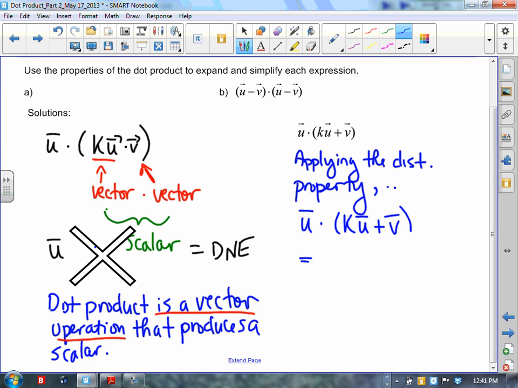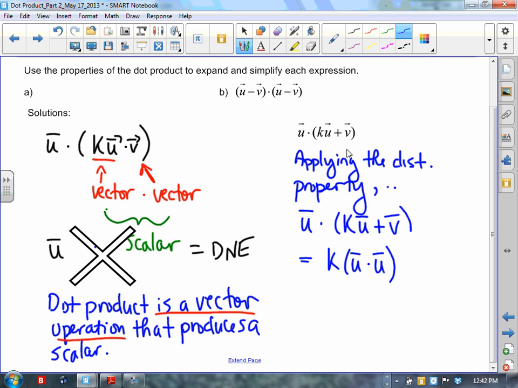So for instance, in this first one, what we can do is write it as k and then u dot u. So really what we're doing is distributing the vector u over ku, and the operation between the vectors is the dot product.